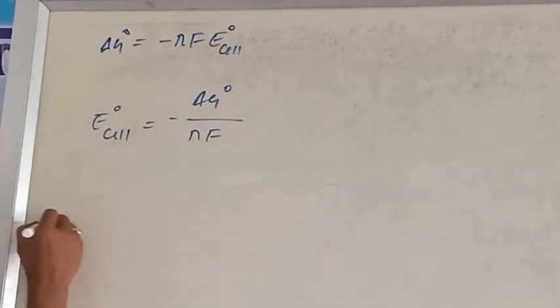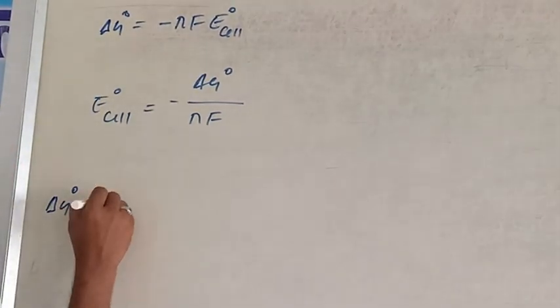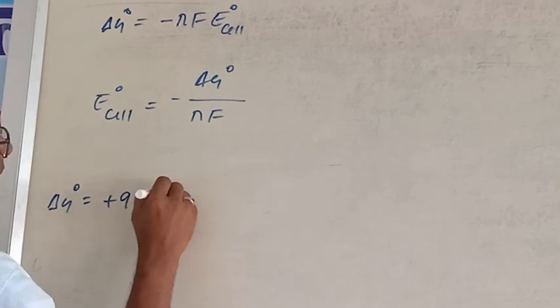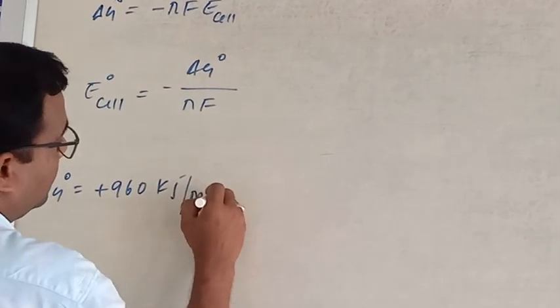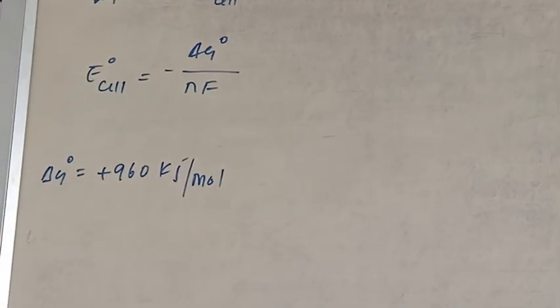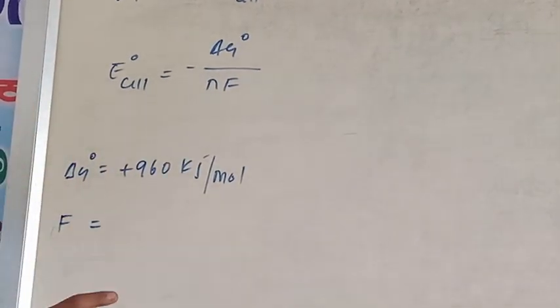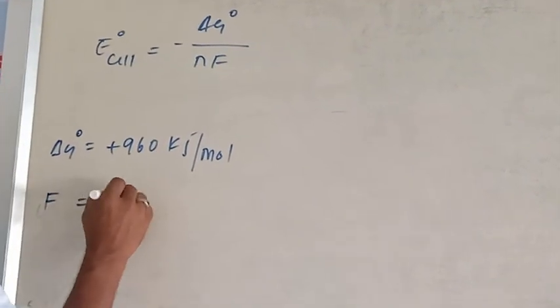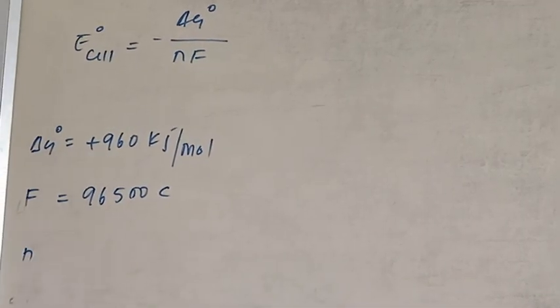Delta G naught is already given, whose value is plus 960 kilojoule per mole, and the value n we need to find out. F value we know it is 96,500 coulomb. Now n value we need to find out.